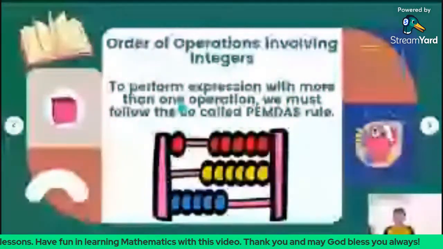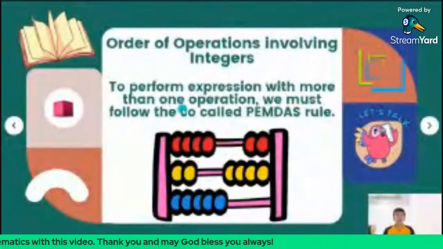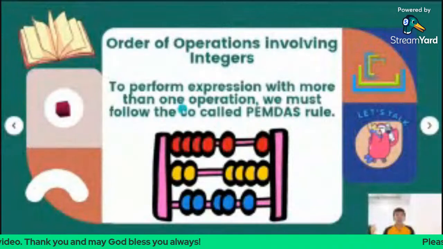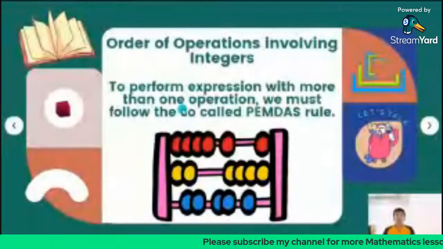When we apply the PEMDAS rule in this expression, we need to execute first the pair P and E, or the parenthesis and exponent.